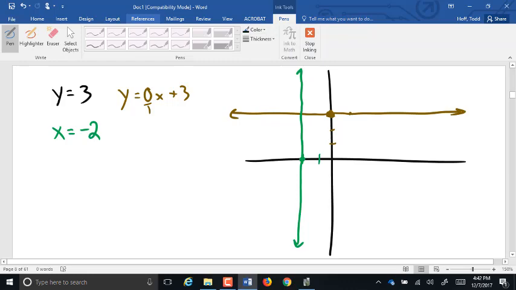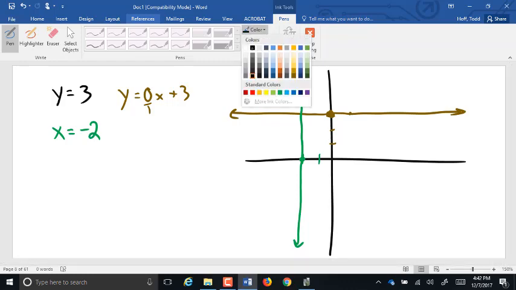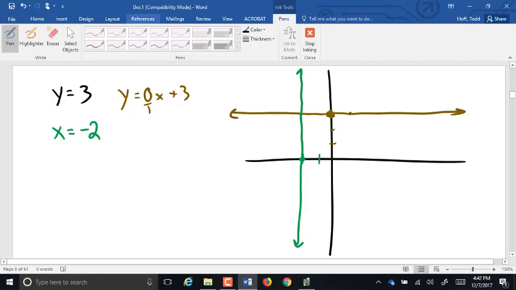Now, we're not going to go into it in this course, but if you were to go on to college algebra or further study, one of the things that these are used for is solving problems.